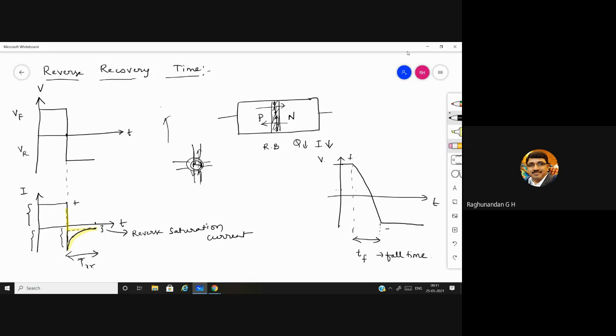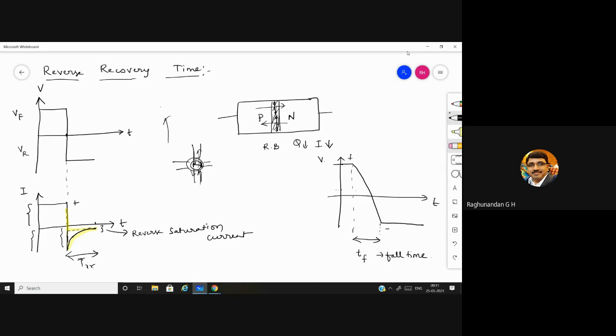Since this fall time is more, obviously the amount of current flowing for a certain duration will also be more, and based upon this fall time, the time taken by the diode to reach its reverse saturation level will also increase.